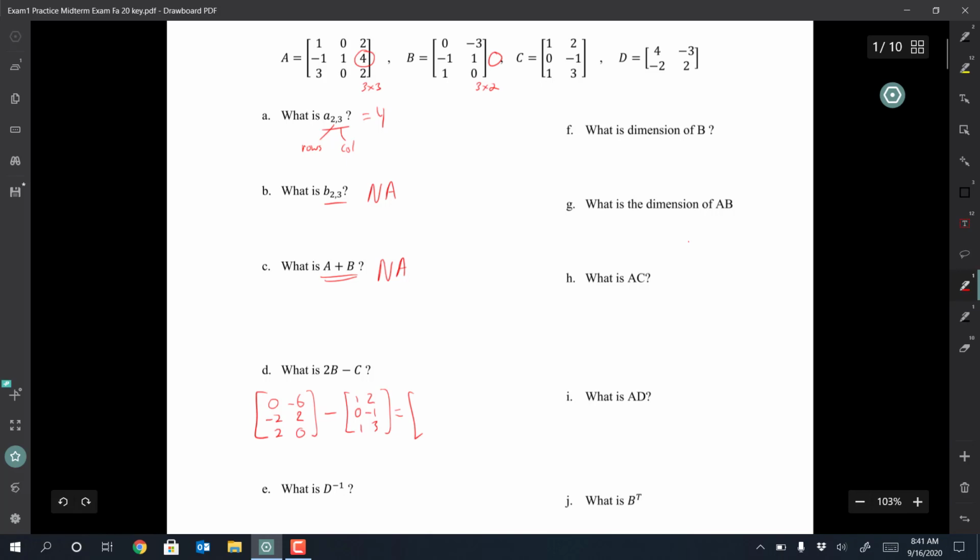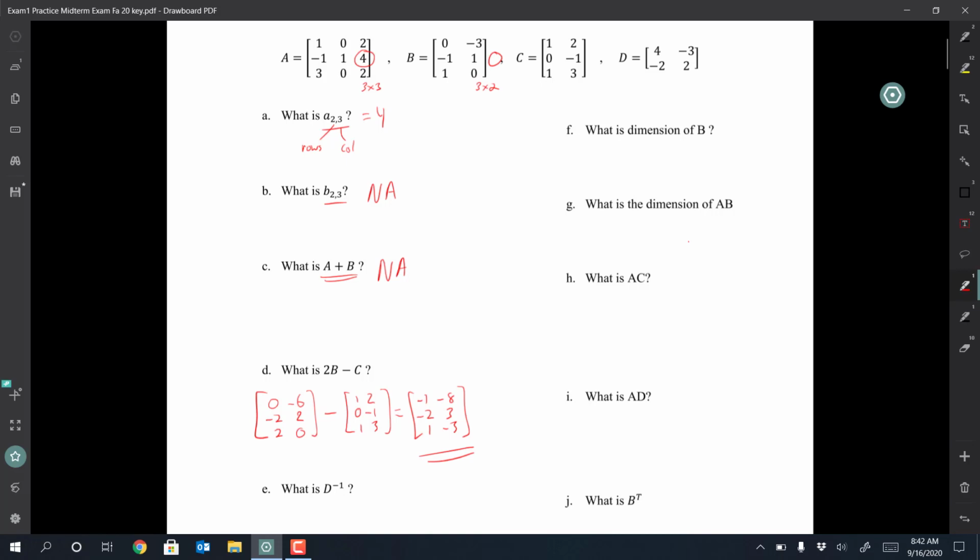So I'll have 0 minus 1 in the first component here. I'll have negative 6 minus 2, negative 2 minus 0, 2 minus negative 1, so that's 2 plus 1. And then 2 minus 1 is 1, and 0 minus 3 is negative 3. So this should be 2B minus C.